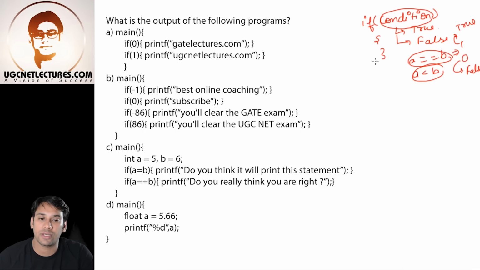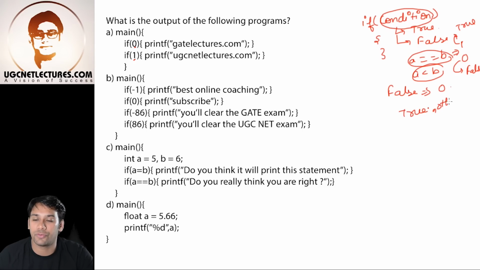That means instead of entering A double equal to B or A less than B, here I can also enter 1 and 0. So in the case of an if-else statement or for loop or while loop or any other statement where we are acting upon a condition, this statement is false if the input here is 0 and it is true otherwise.